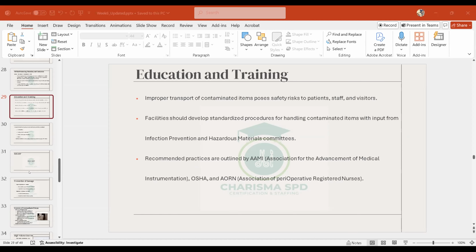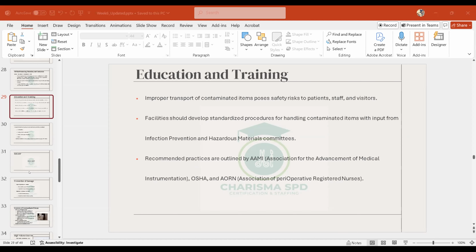The nurses are always there in the room. The surgical techs are always there. Then the doctors are also always there. And like we said, everyone in the operating room has a role to play for how it is prepared, how it is transported to the decontamination area.